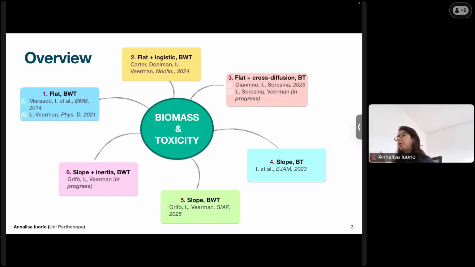So in model 4, we only consider interactions between biomass and toxicity, but in models 5 and 6, we also include the dynamics of water.